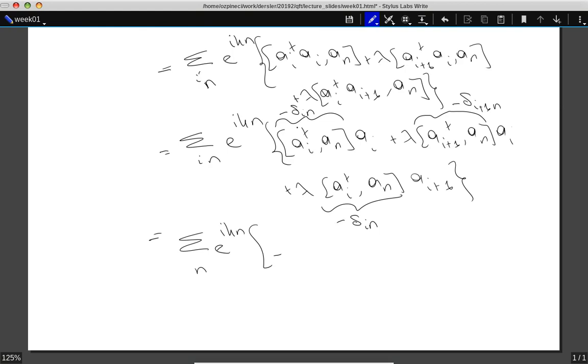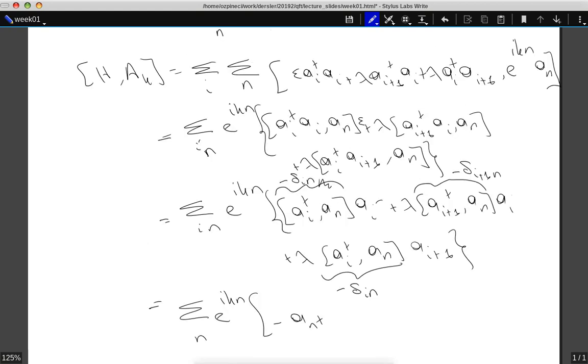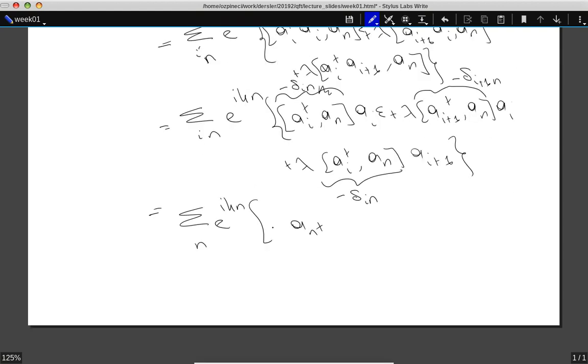Here the Kronecker delta just tells me that when I'm summing over i, only the term i equal to n survives, and I have missed an epsilon: minus epsilon a_n.